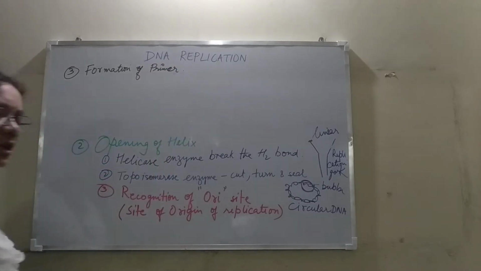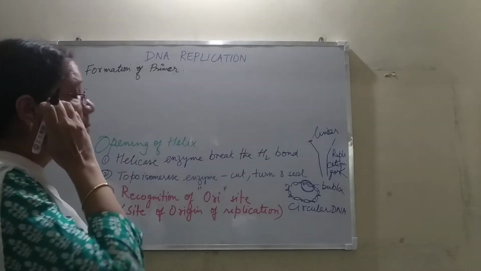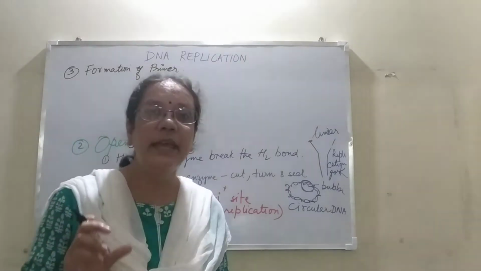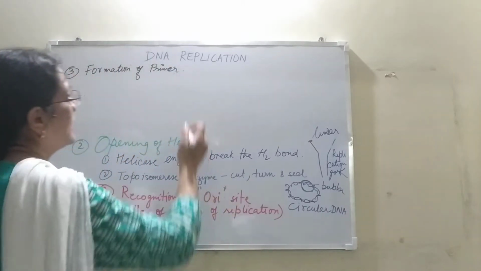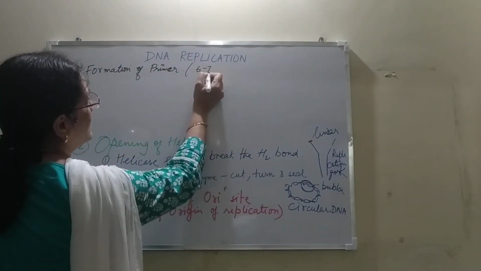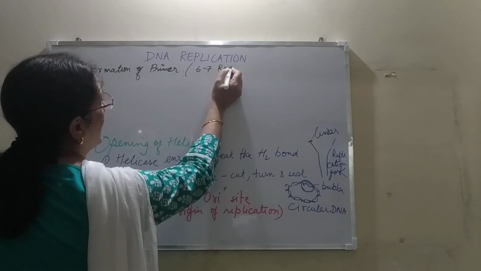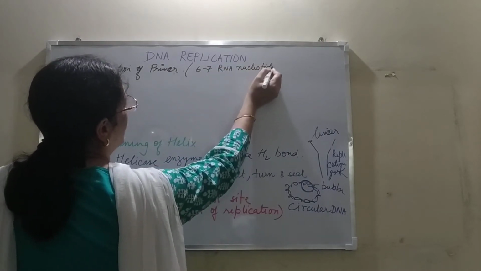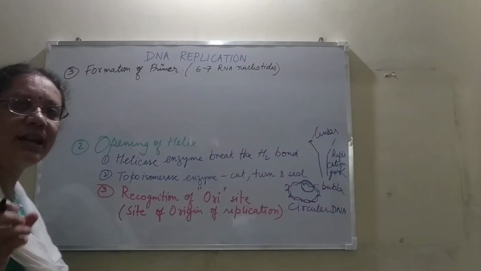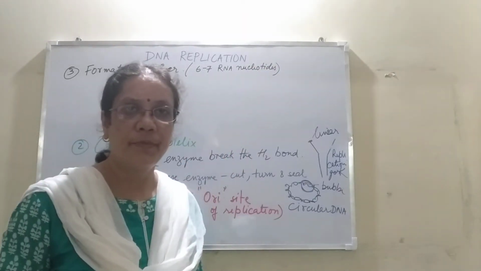Now, what is a primer? A primer is 6 to 7 RNA nucleotides. These 6 to 7 RNA nucleotides are going to join.